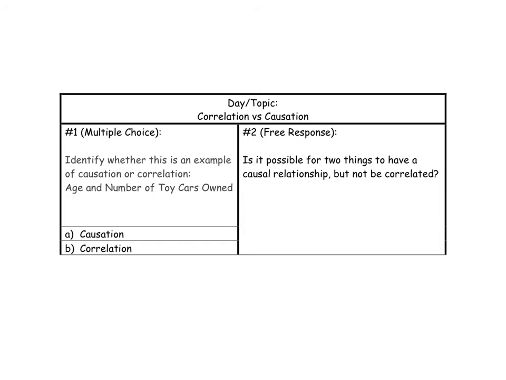So go back and look at your definition of correlation for that one and your definition of causation. And we're going to talk about this more in depth in class tomorrow. We're going to look at an article that explains causation and correlation. But correlation just means two things are related either in a positive way or a negative way. Causation just means that one thing has an effect on the other.